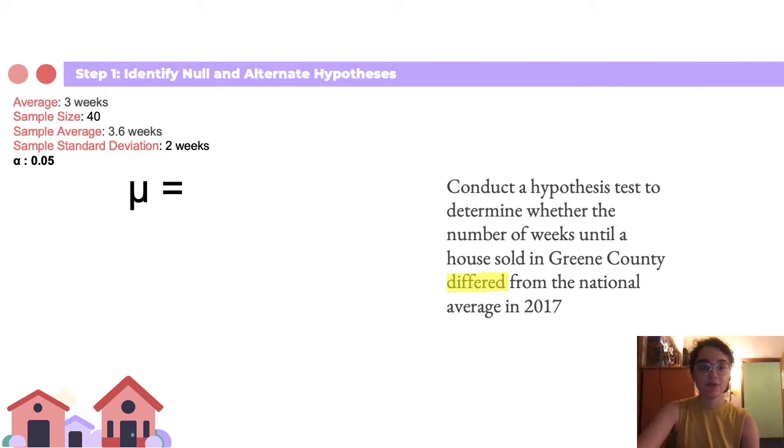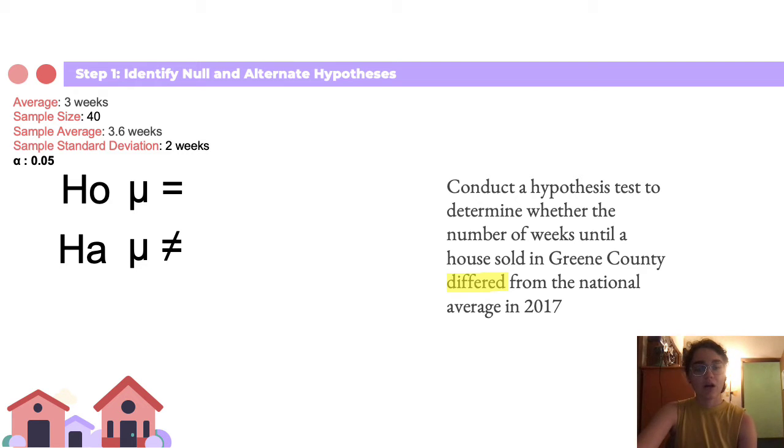So we need mu equals and mu does not equal. We always know that the equals statement is our null hypothesis and the unequal statement is our alternate hypothesis. The national average in 2017 was 3 weeks, so we have the null hypothesis mu equals 3 and the alternate hypothesis mu does not equal 3.